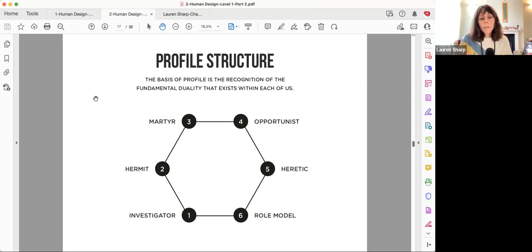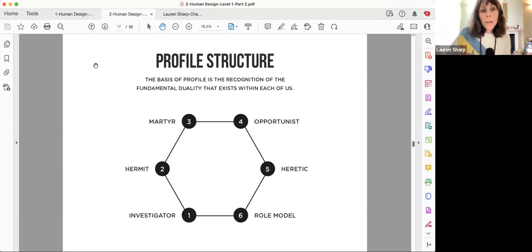Now, if we consider what the learning journey is, or how things would work in terms of learning something, it's about investigation. And when you're learning something, you're taking it in. Then there's a part of that taking in process, that 2, where one withdraws and reflects on what you've learned.